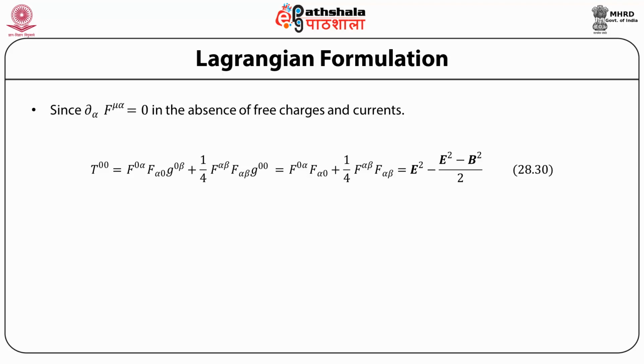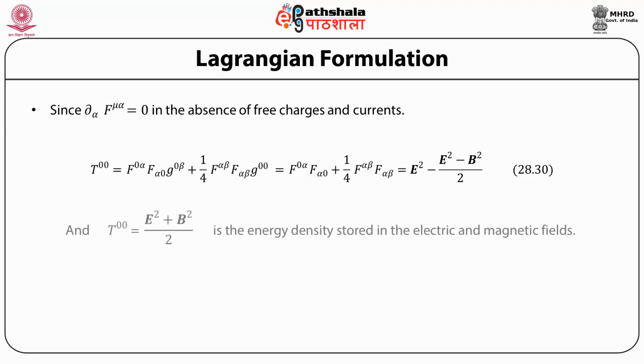This equals F naught alpha contracted with F alpha naught plus 1 by 4 F alpha beta contracted with F alpha beta, which equals E square minus B square by 2, and T naught naught is equal to E square plus B square divided by 2, the energy density stored in the electric and magnetic fields.